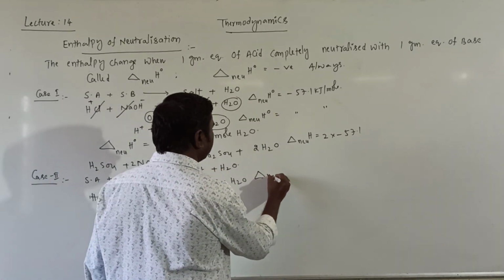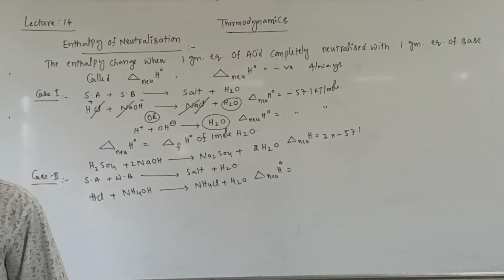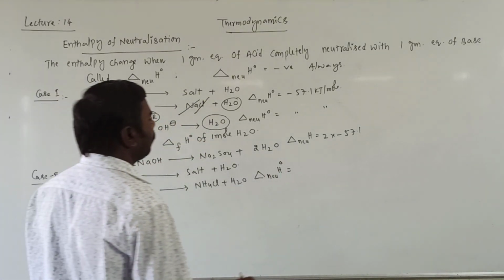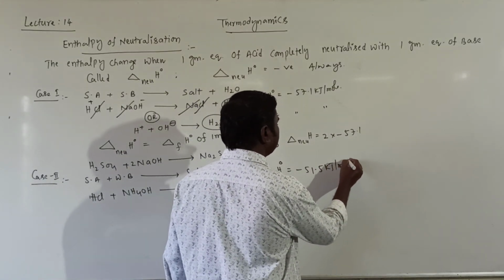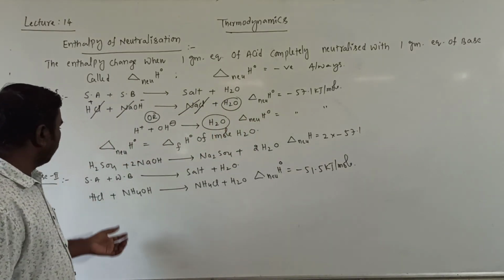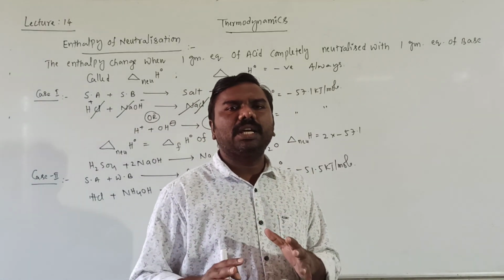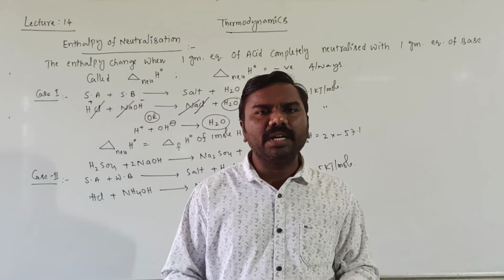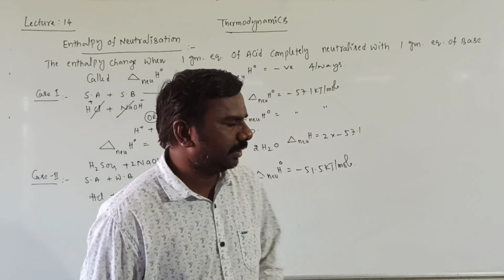Enthalpy of neutralization for this process, strong acid and weak base, is minus 51.5 kilojoules per mole. Now, weak base is there. The dissociation of weak components is very difficult. That's why less energy will be released.